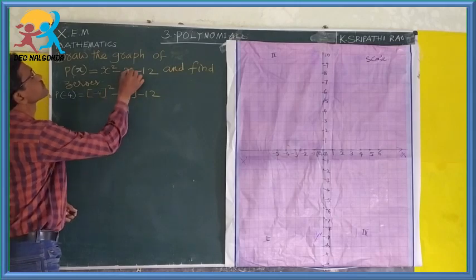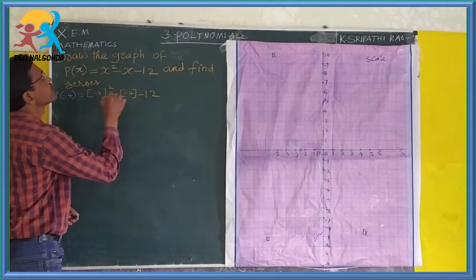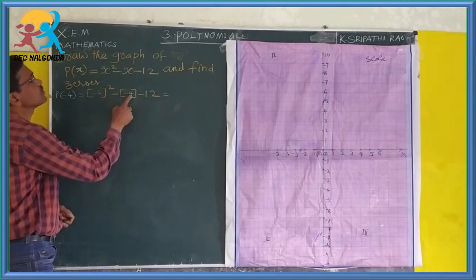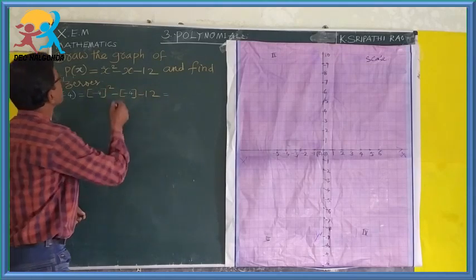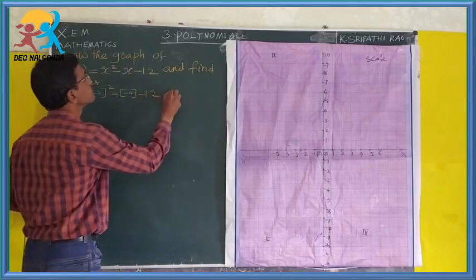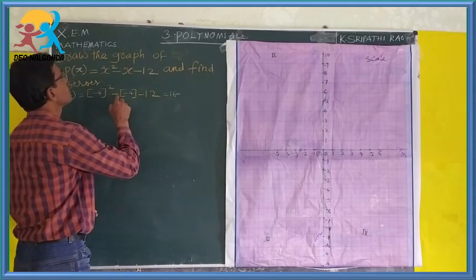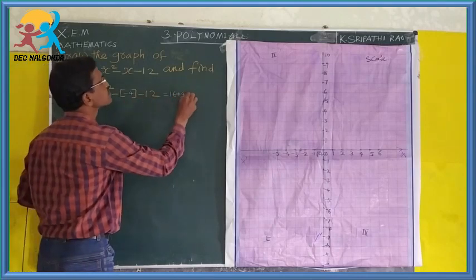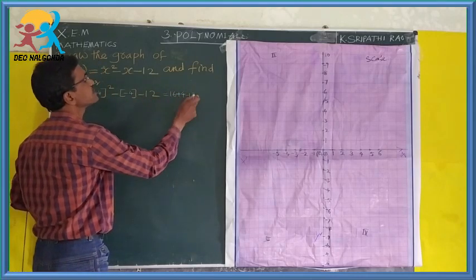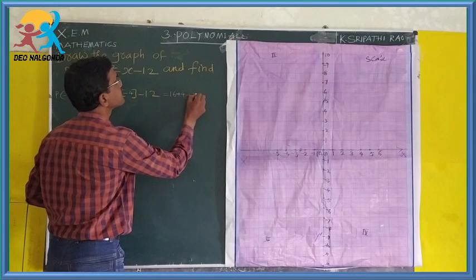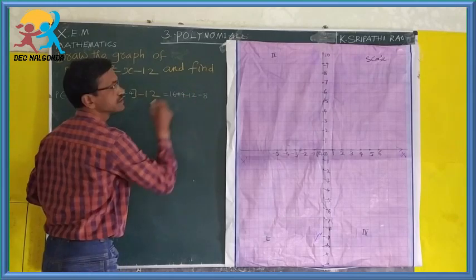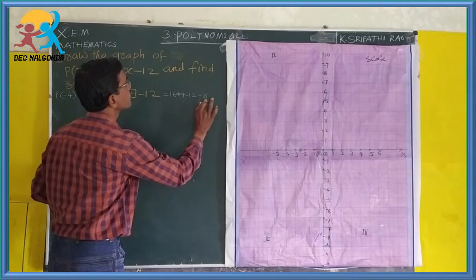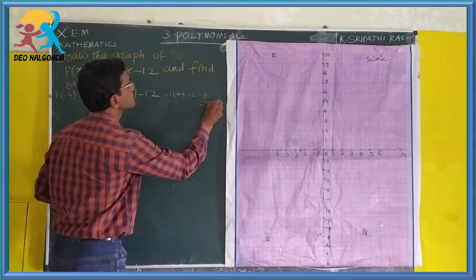Minus 4 whole square minus of minus 4 minus 12. Minus 4 square is equal to 16, minus of minus is plus 4, minus 12. 20 minus 12 is equal to 8. Hence the point is minus 4 comma 8.